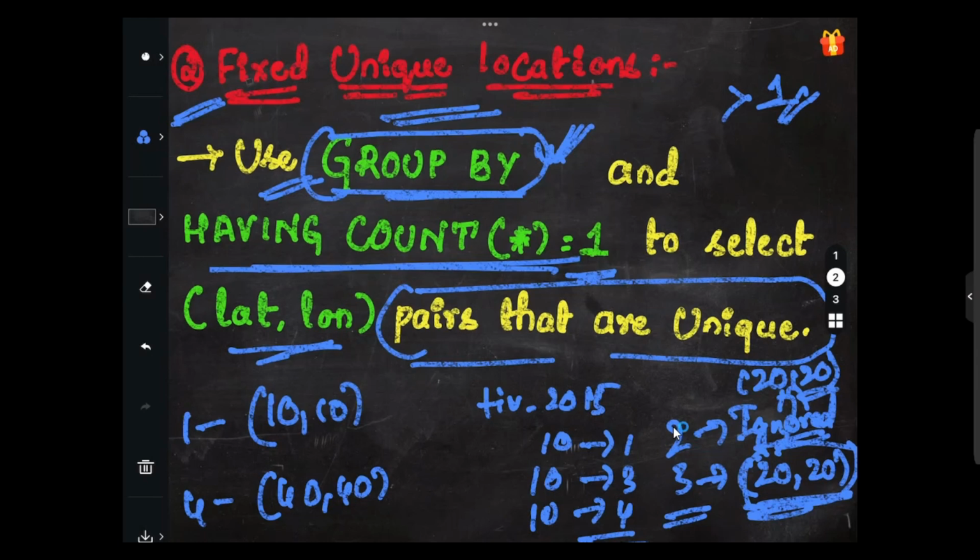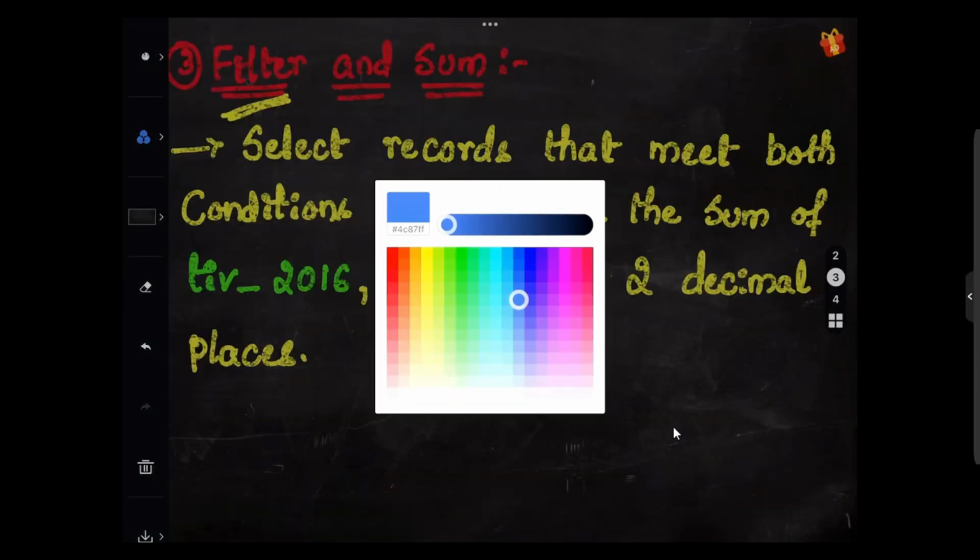Let's come to the final step here, filter and sum. We have to filter and sum finally. We will select the records that meet both the conditions, and we will compute the sum of TIV 2016, rounded to 2 decimal places.